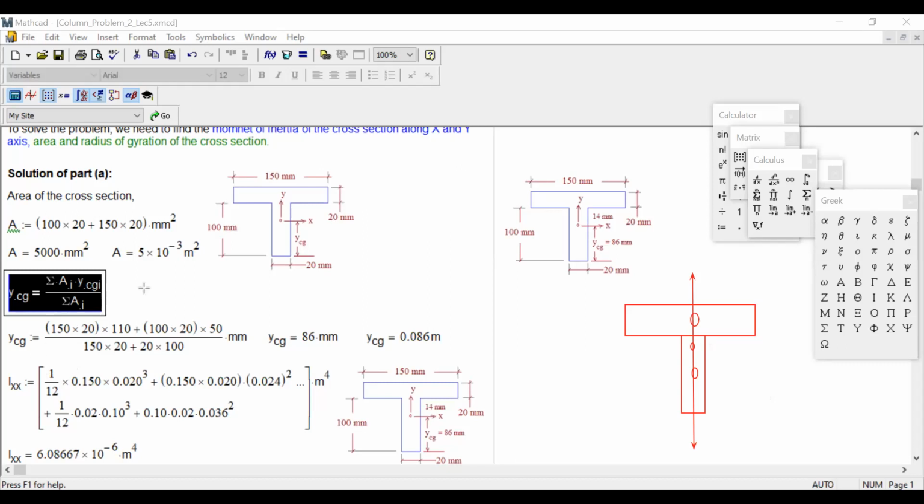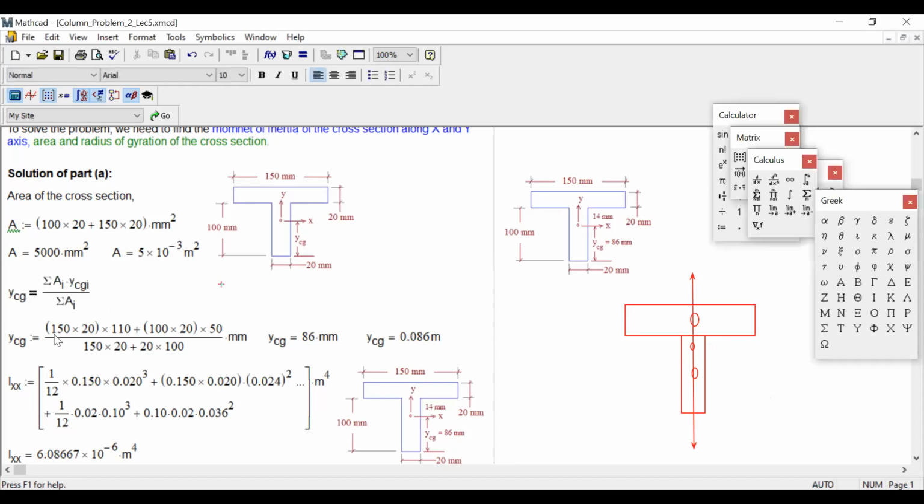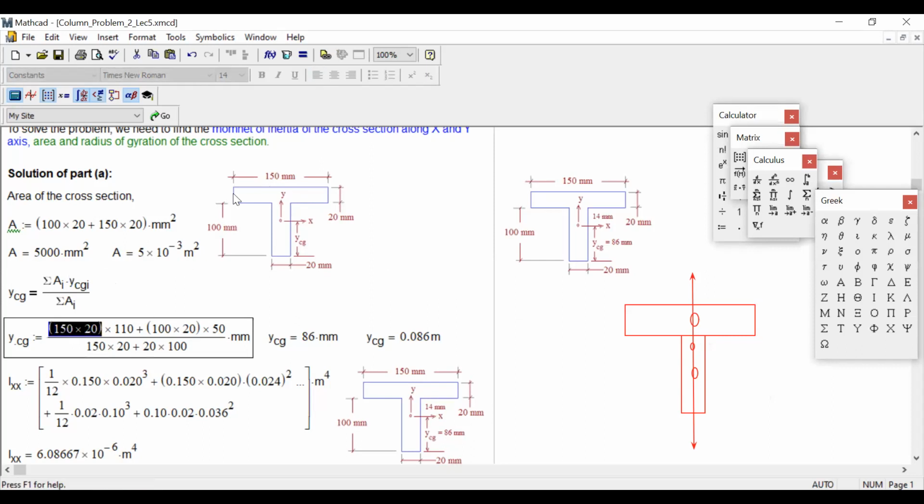Now we need to figure out the YCG. And you see, we'll apply the formula from engineering mechanics. YCG equal to sum of area into YCG divided by sum of area. So you take the top area, 150 into 20. What will be its CG? Its CG will be around right over here, the middle, right? So what is the distance from the bottom?